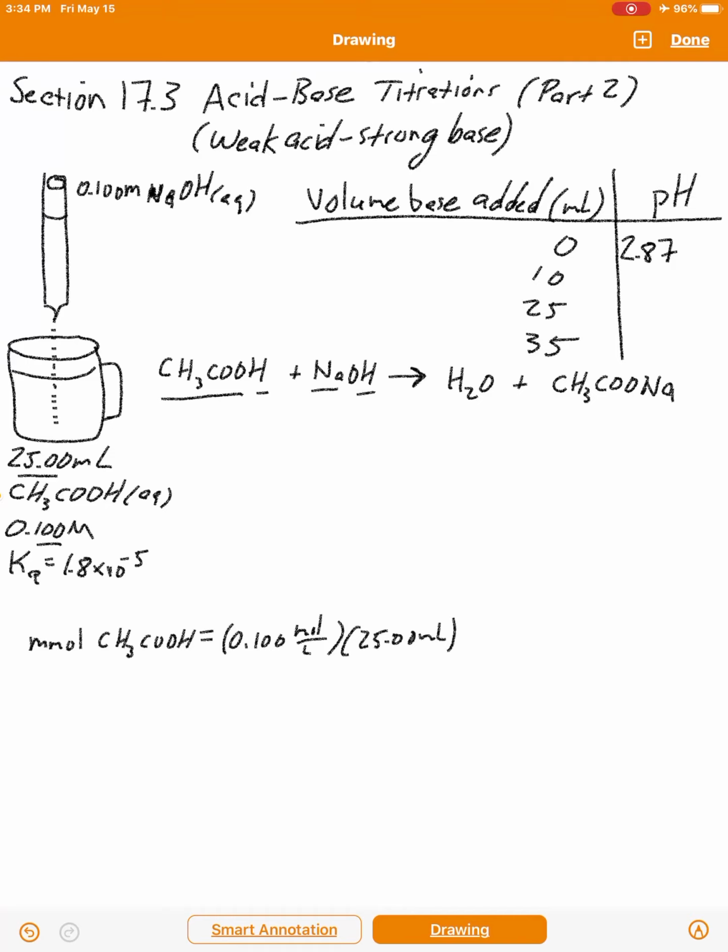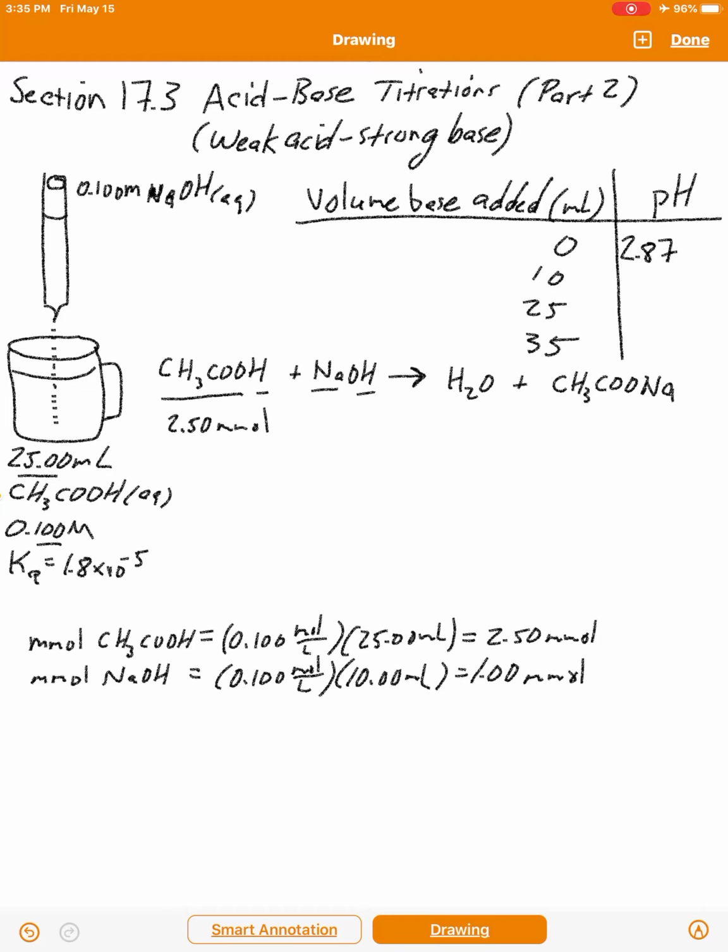If the volume is in milliliters, you'll get millimoles. So 2.50 millimoles of acetic acid. Do the same thing for the sodium hydroxide. Concentration of sodium hydroxide is 0.100 moles per liter. The volume is 10 milliliters. So that's 1 millimole.